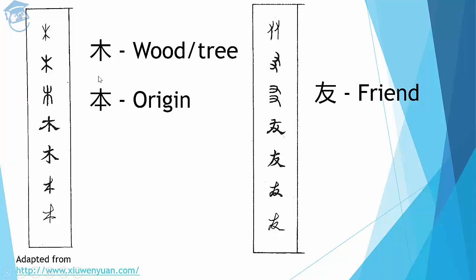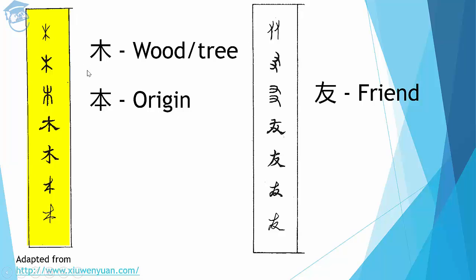To illustrate that, I have a word origin here, but I have to begin with one Chinese character, wood or tree, which looks like this one. So initially it looks like this. So you can see there are the tree branches and the roots over here. So it evolves as usual and becomes a word like this one.